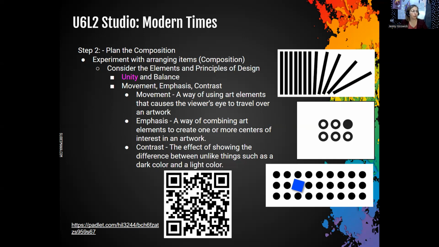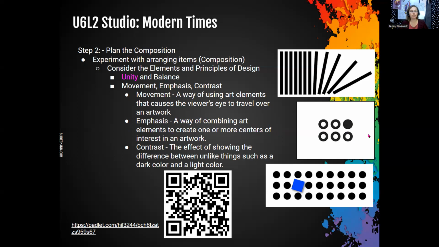So movement is going to be a way of using the art elements that causes the viewer's eye to travel over the artwork. So you can see in this top example over here, our eye tends to follow those blocks as they start to fall over. And then emphasis is a way of combining art elements to create one or more centers of interest, a focal point, something that stands out.